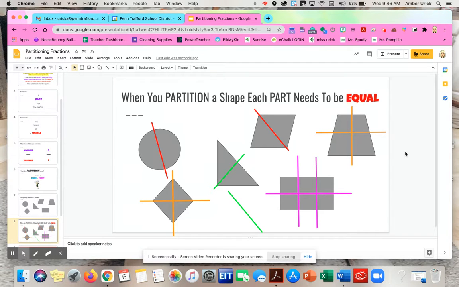So if Miss Borden, myself, Mr. P, and Mr. Spooty all sat down at the table, we would have the same size meal. I don't think so. Do you think there is a way to split this shape here in fourths?